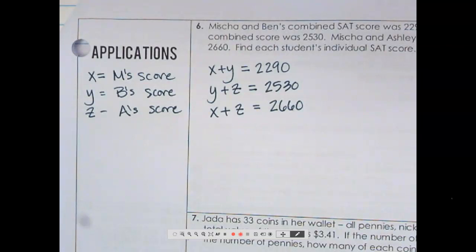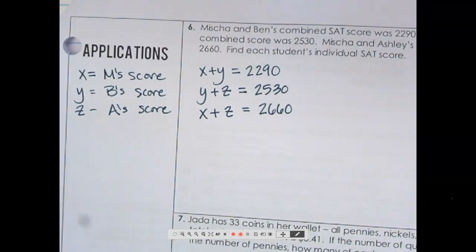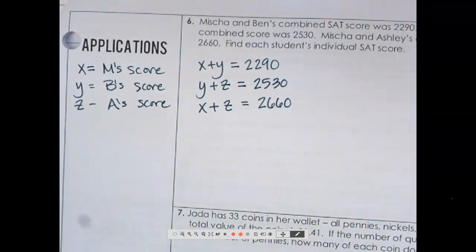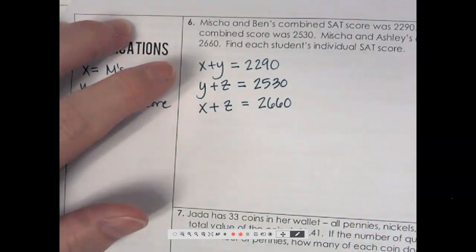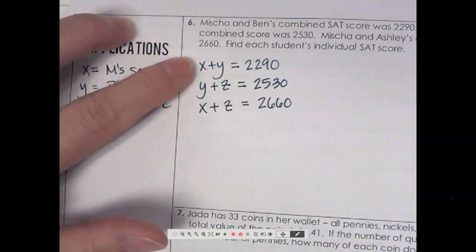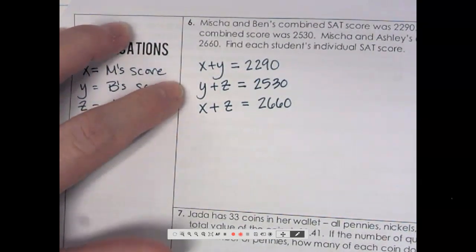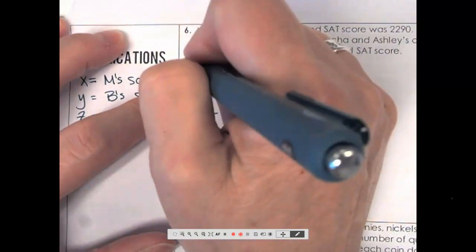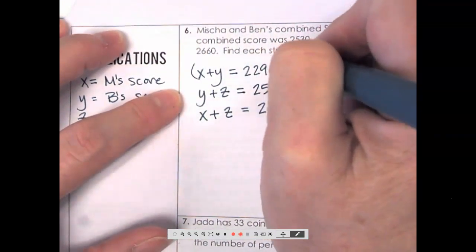Okay, any suggestions? What if I just combine 2 and get rid of one variable? Pick any 2, because they all have one thing in common with another equation. Why don't we just take the top 2? Let's say I want to cancel Y, because that's what they have in common. So I'm going to multiply this top one by negative 1.